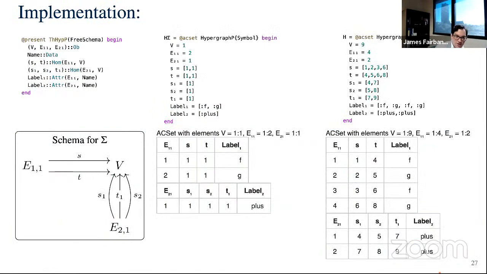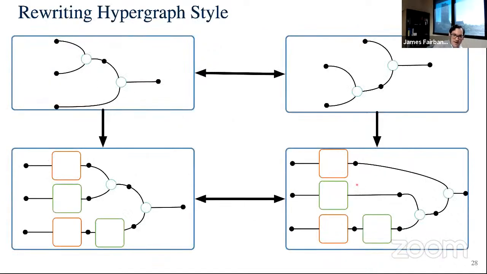This is what this looks like in code. We've got the schema shown in code and graphically. We've got the base of our slice, the element that's over it, and then I had written down the transformation on the previous slide. With that in place, we can do rewriting in CSets.